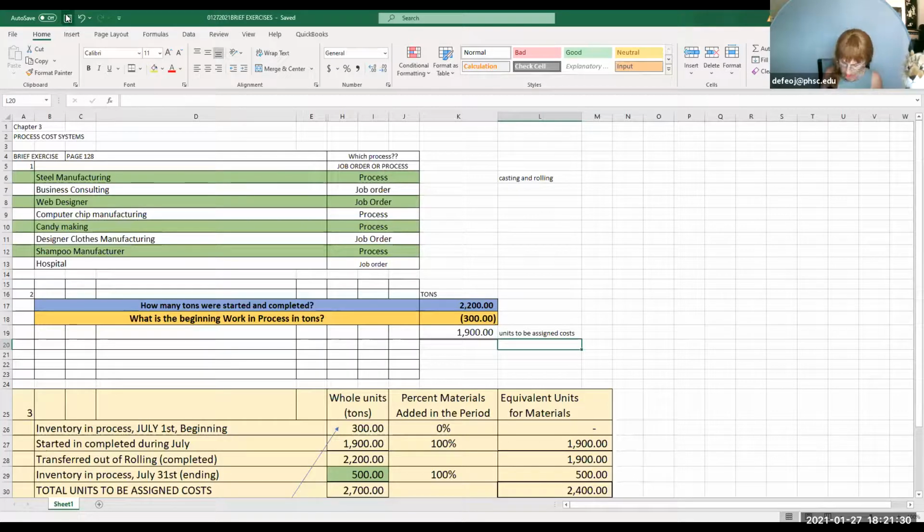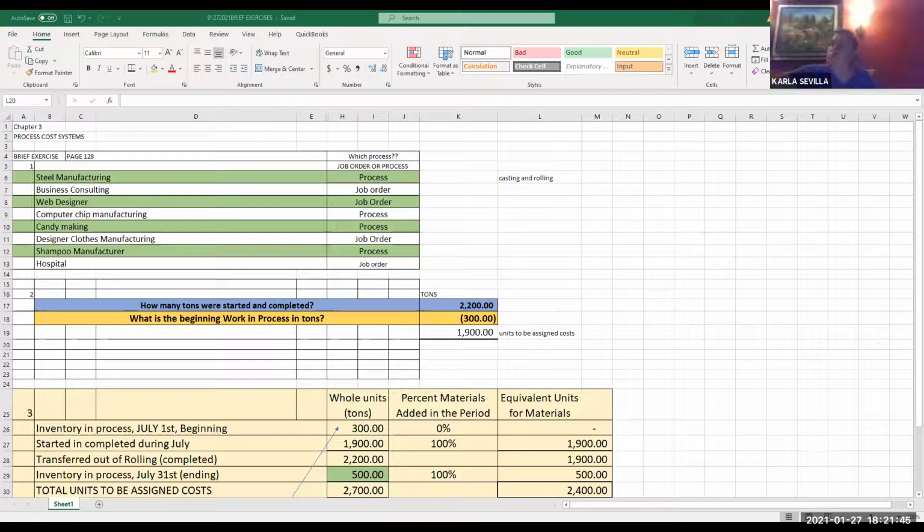PQ2 is exercise 2-13. I'm going to just type it in the chat box. Exercise 2-13 on page 79. Yeah, that's right.